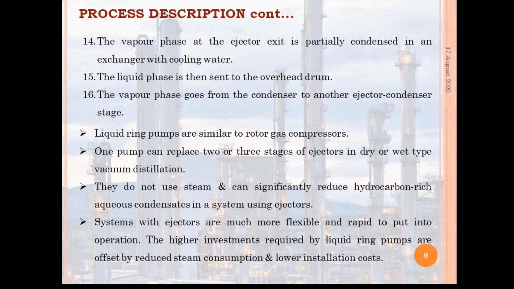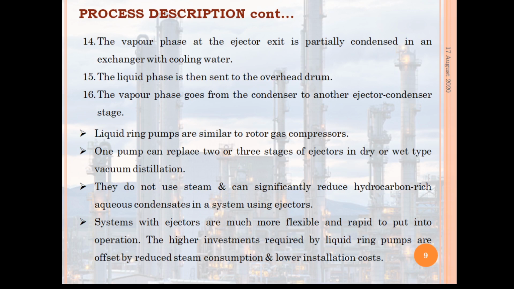That means the remaining vapors are sent to another ejector for further condensing, and the liquid ring pumps, which are similar to a rotary gas compressor, are a special type of pump. This one pump can replace two or three stages of ejectors in dry or wet type vacuum distillation.